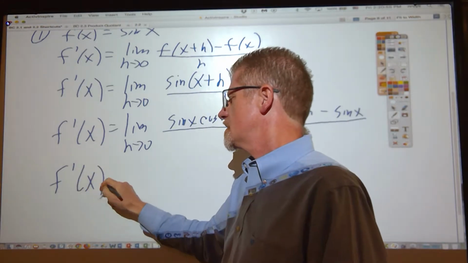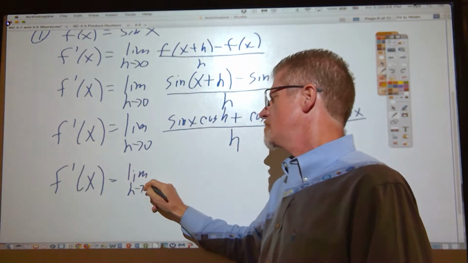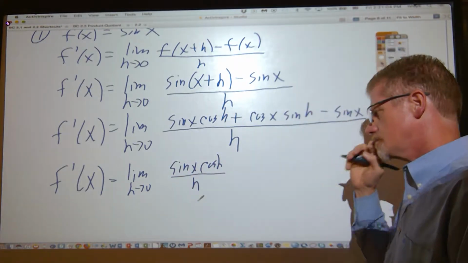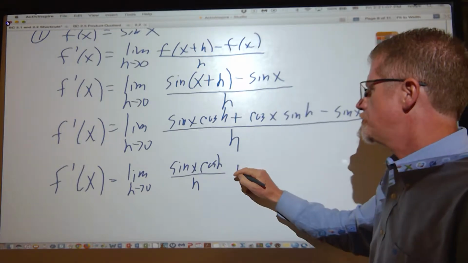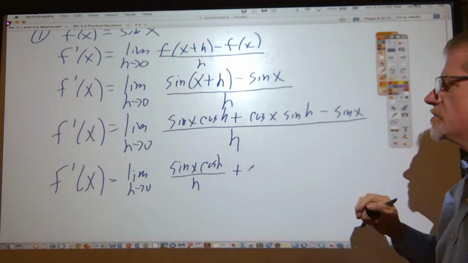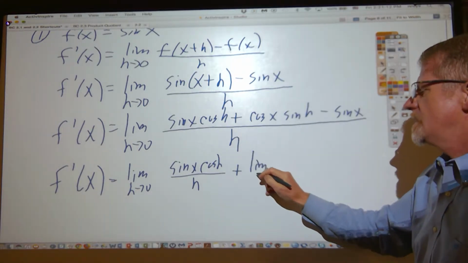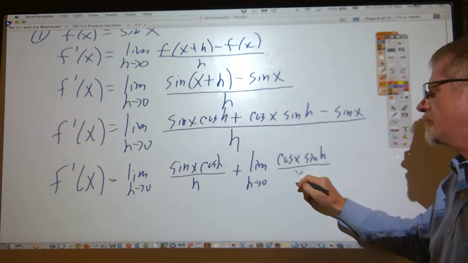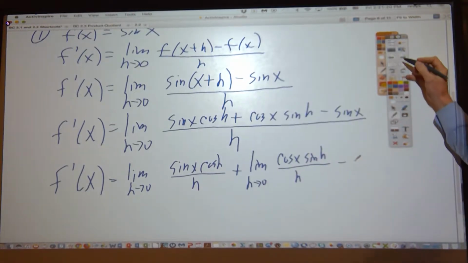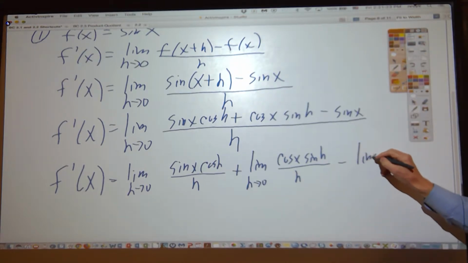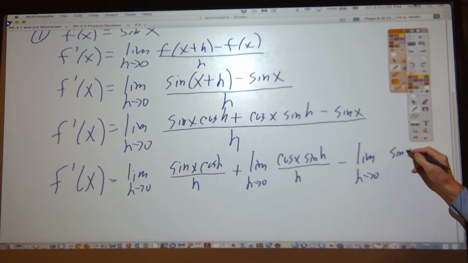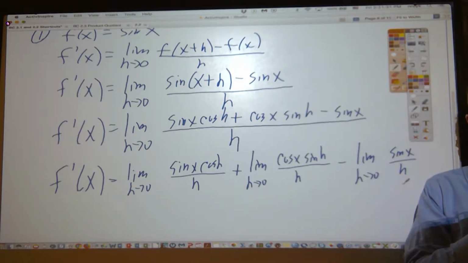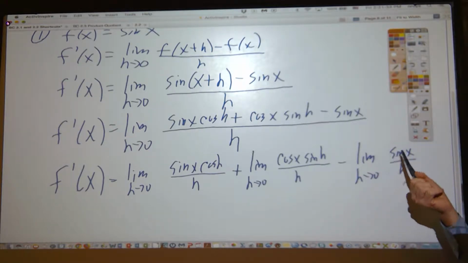So I believe the next line is going to be the limit as h approaches 0 of sine x cosine h over h plus, in fact, I'm going to take the limit of each one individually, the limit as h approaches 0 of cosine x sine h over h minus the limit as h approaches 0 of sine x over h. Let's just pause there to make sure this is not going too quickly. Do you have any questions as to how I was able to pull this off?